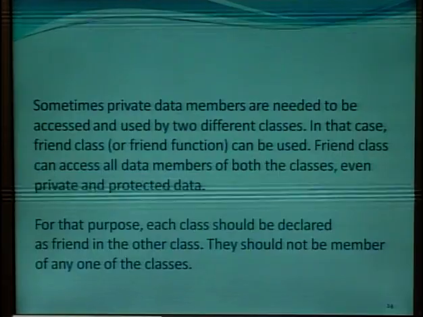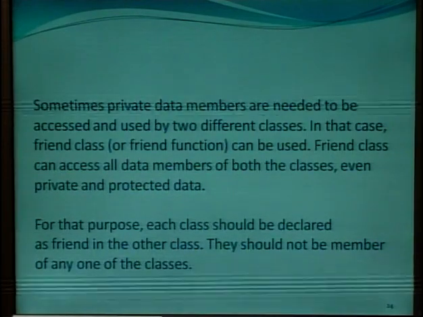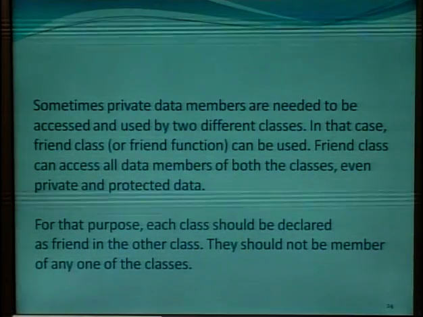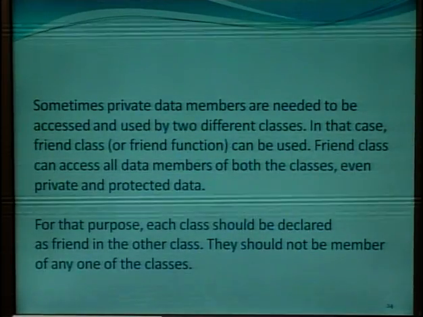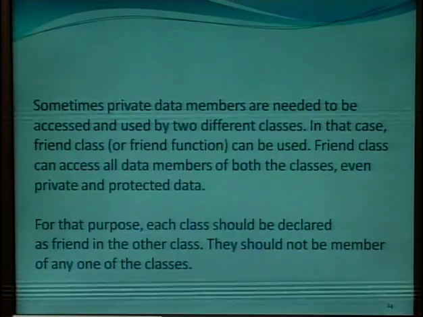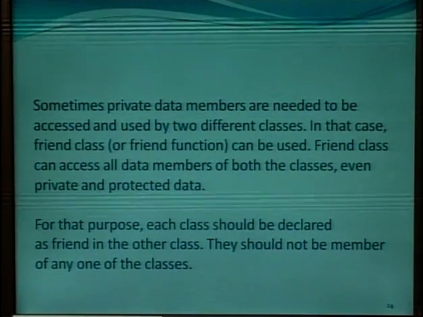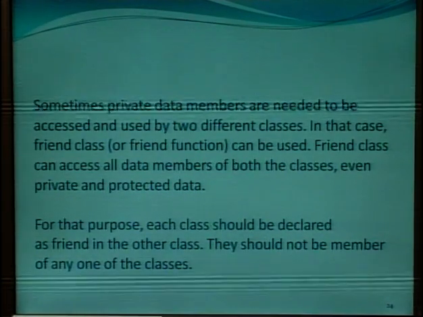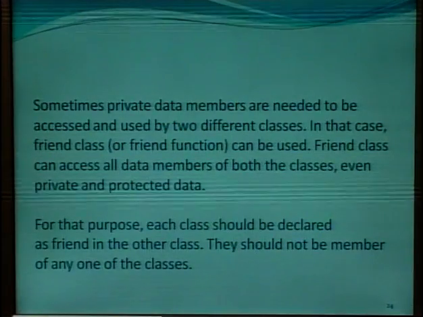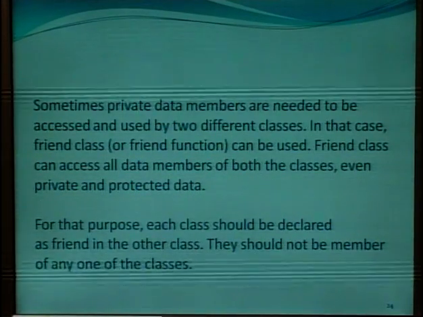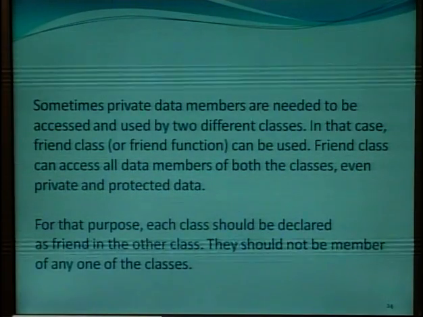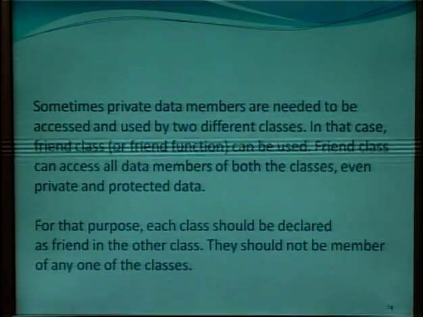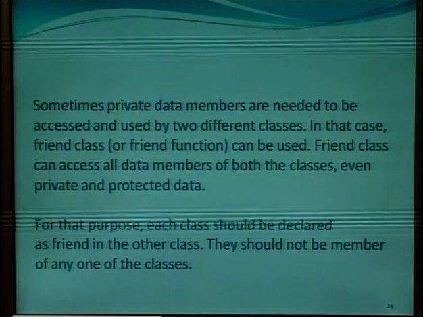Whenever we design any program, we show that this information is used for a particular person or particular applicant. So in that case your friend class or friend function will be used. It means the private data members need to be accessed by two different classes, so either a friend function or friend classes.